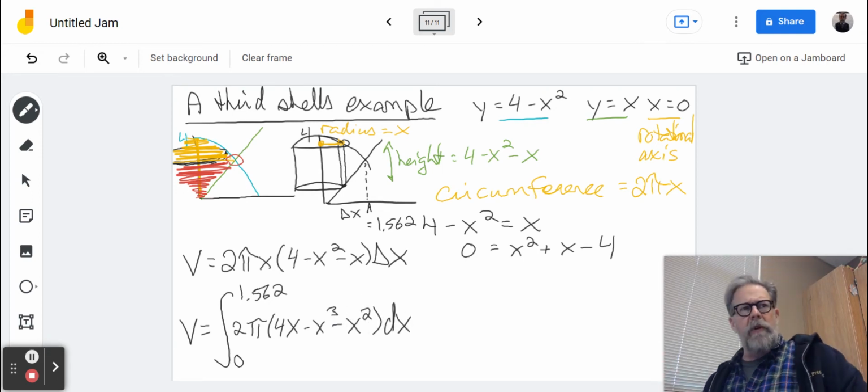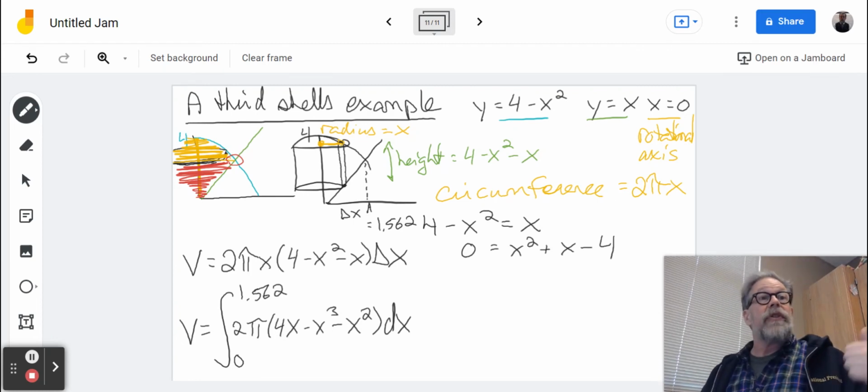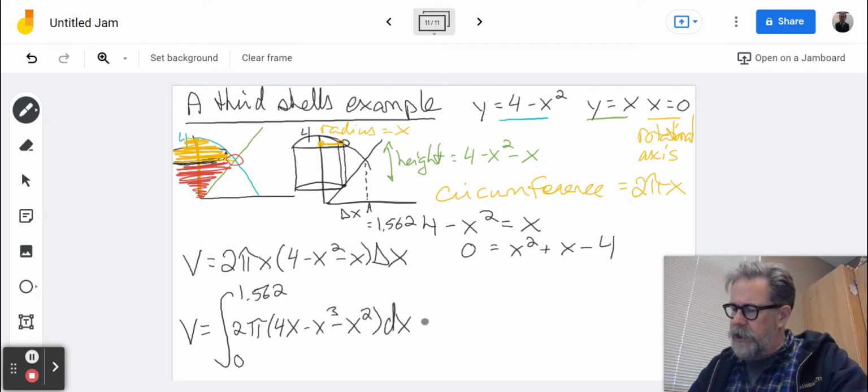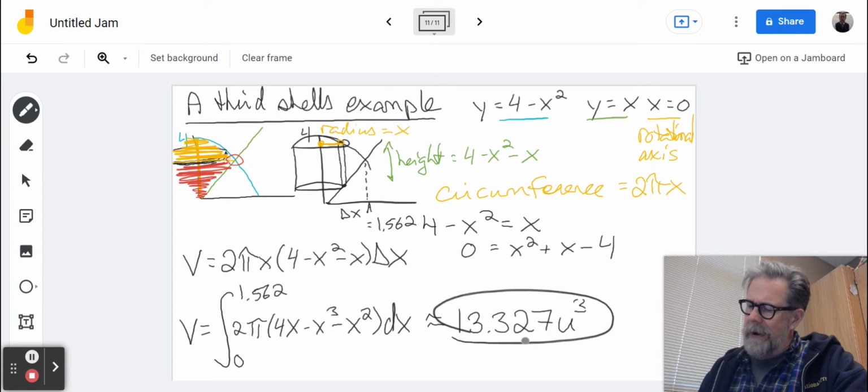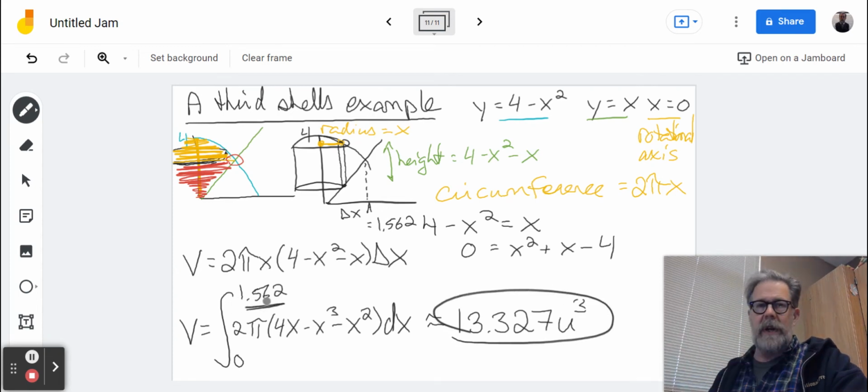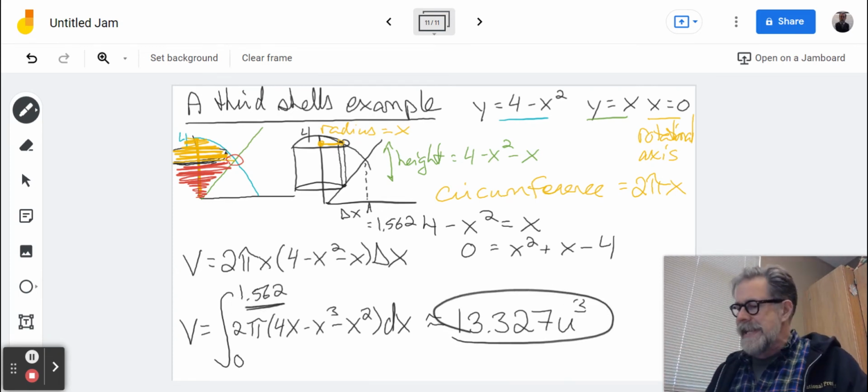And because we got a 1.562 there as a boundary, we know it's not going to be nice anyway. So let's just shove it into our numerical integration, and it gives us 13.327 cubic units. We could have done this one, but then we were going to have to shove in a decimal. Anyway, boom, done. Let's do this the easy way.